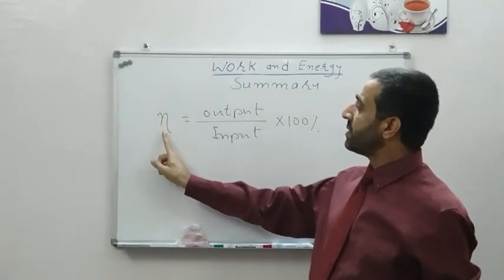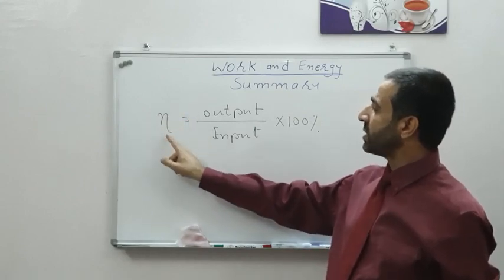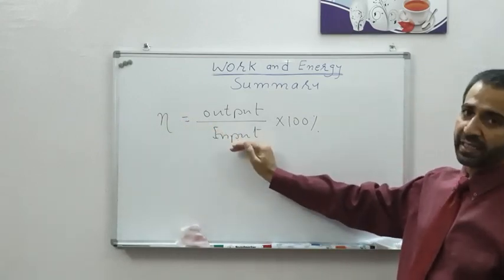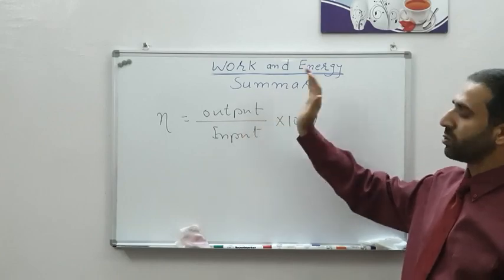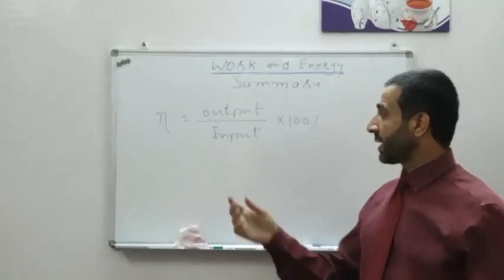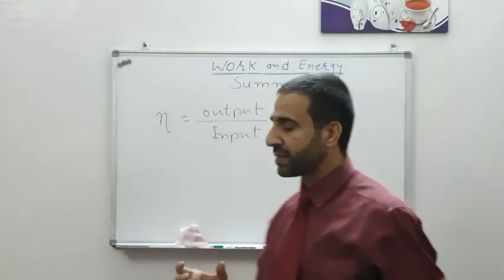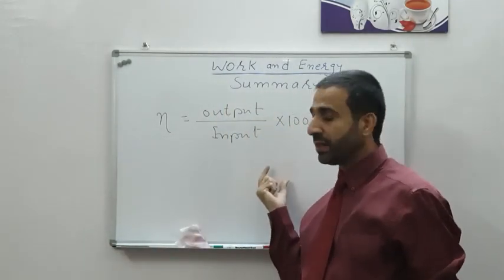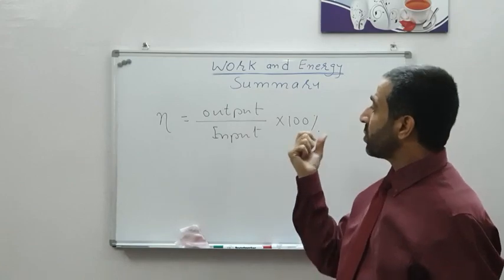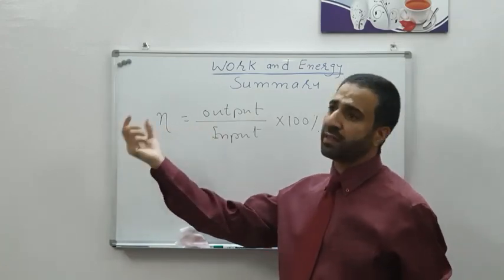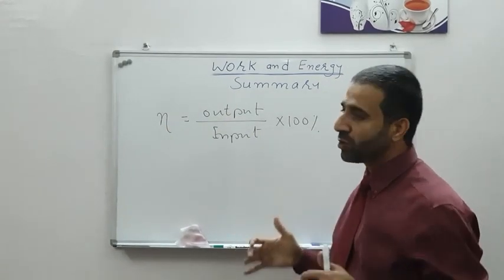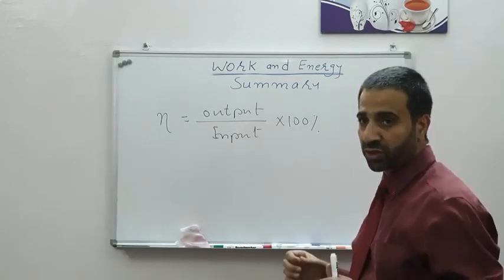It tells you how much of the input energy is converted into useful work done. The greater the efficiency, the less the energy will be wasted, right? So efficiency actually describes the maximum use of the energy from its source, right?